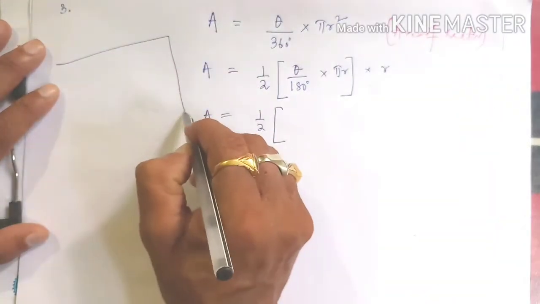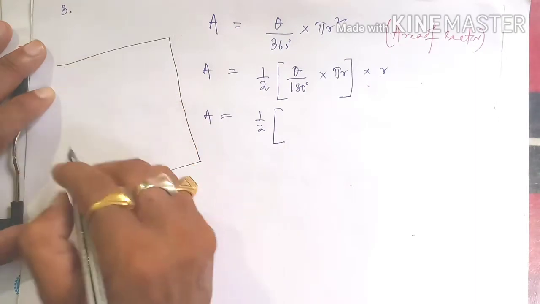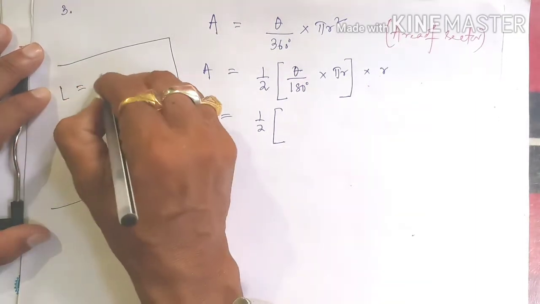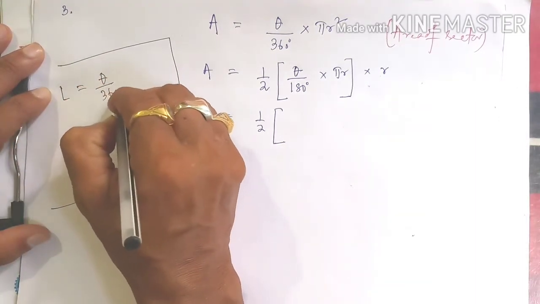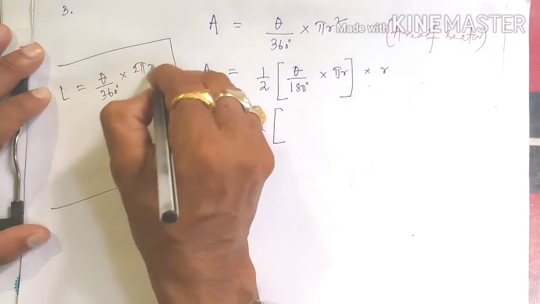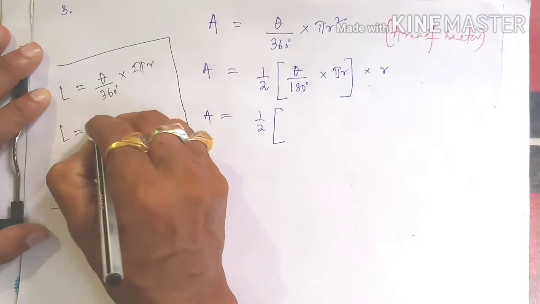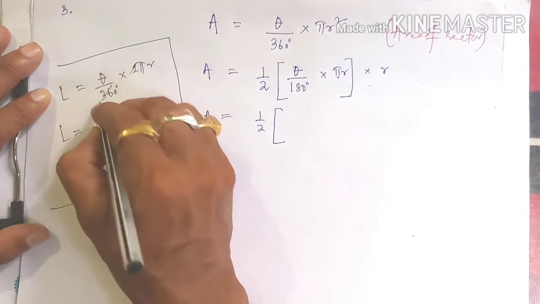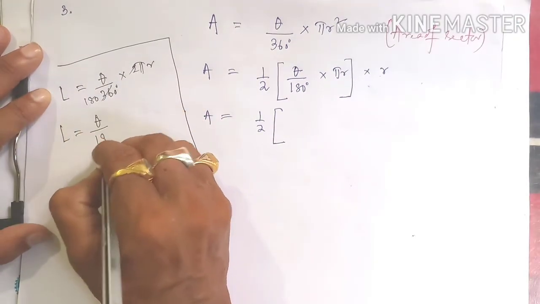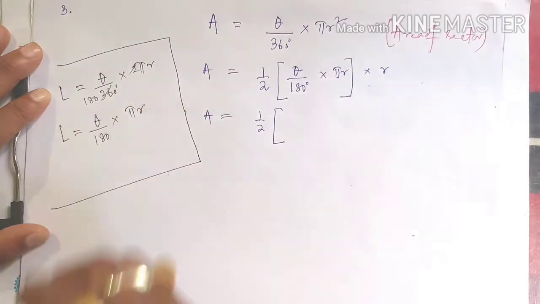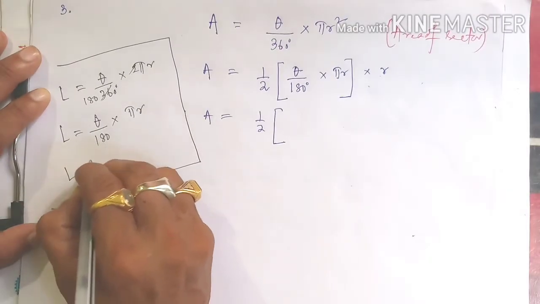You see, I am writing length of the arc equal to theta by 360 into 2 pi r. Already I have written it on the previous page, and here, theta by 360 into 2 pi r, the 2 cancels with 360 to give 180, theta by 180 into pi r. This is what? Length of the arc.